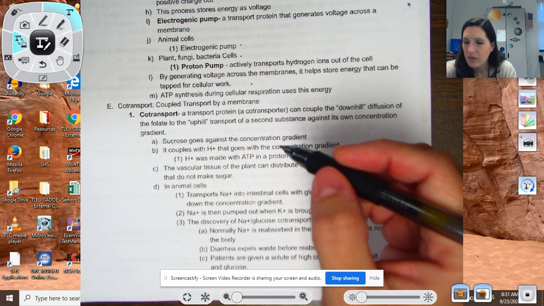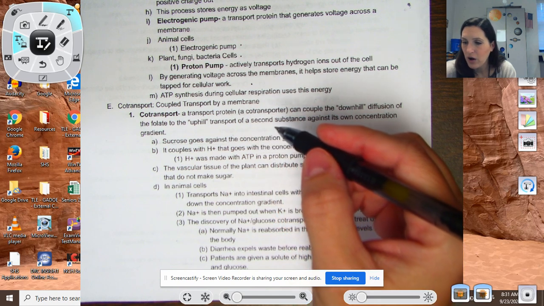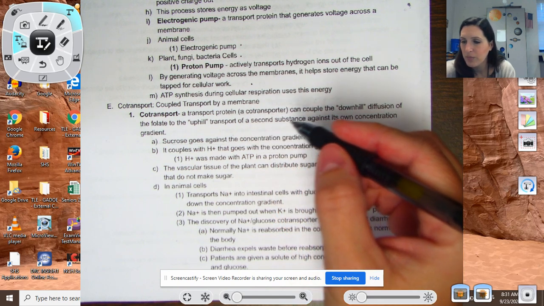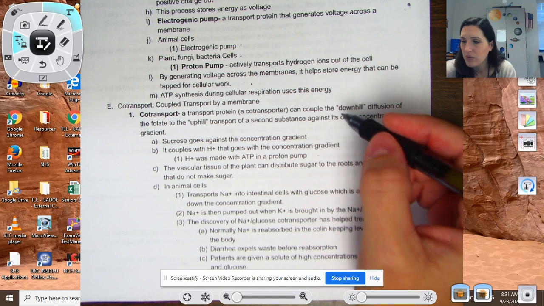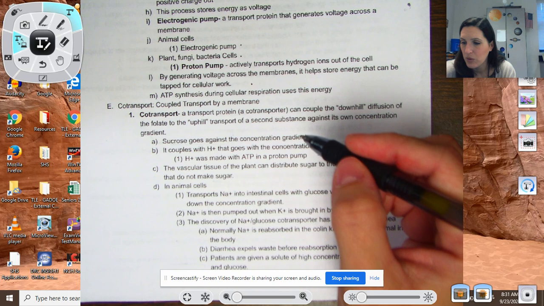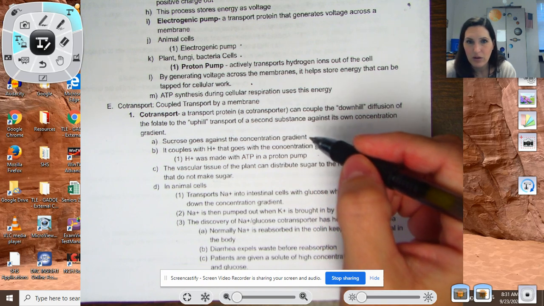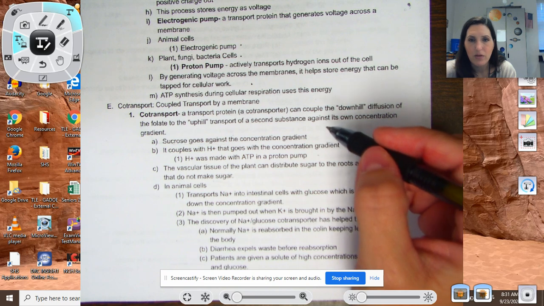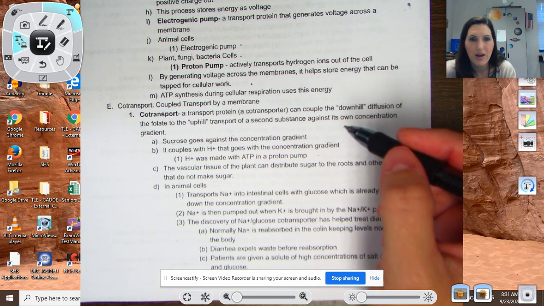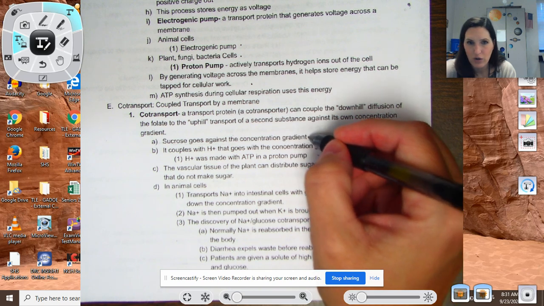Okay. The cotransporter is a transport protein that can couple downhill diffusion with uphill transport. So basically it couples the normal downhill diffusion with an uptake. Sucrose goes against the concentration gradient, which is active transport.